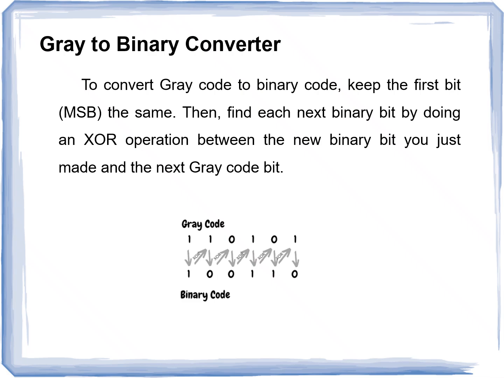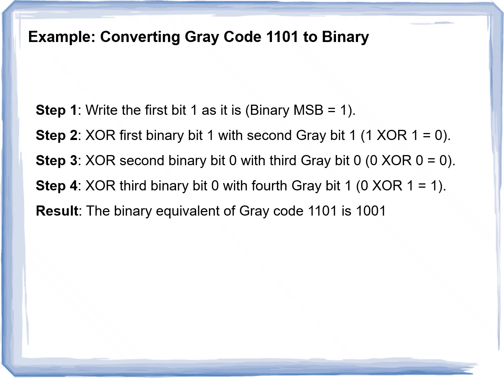Then we form this new bit with the XOR function. The same thing we repeat for the remaining bits, so we get the gray code into binary value. First, the first bit is kept as the MSB, then 1 with the second bit, so the value is 0.